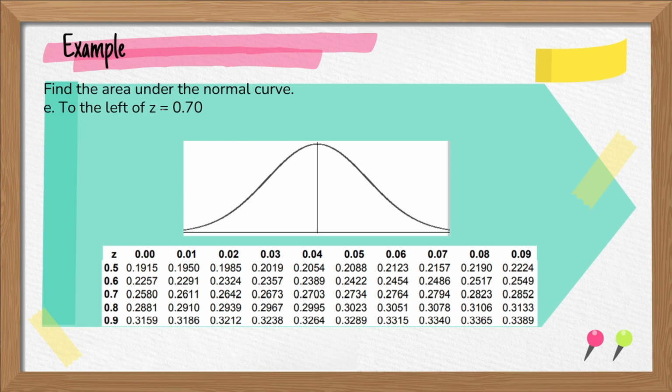So, let's proceed to example letter E. Find the area under the normal curve to the left of z is equal to 0.70. So, i-locate natin si 0.70. So, plus 1, plus 2, plus 3. So, 0.70, estimate natin na nandito siya. So, shade natin siya.